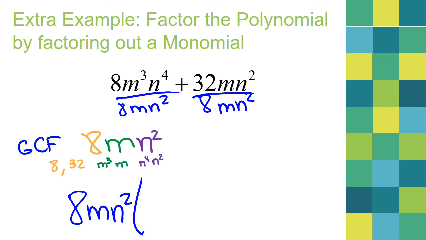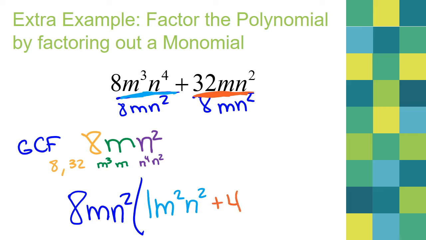Let's take a look. 8 divided by 8 is 1. You don't have to write it, but sometimes it's helpful. M cubed divided by m, that means I have m squared. N to the 4th divided by n squared would give me n squared remaining. Let's take a look at the second term. 32 divided by 8, both are positive.